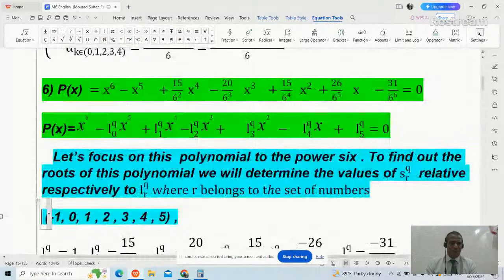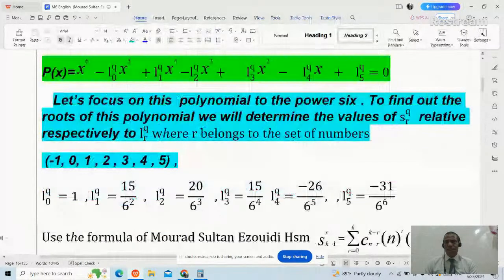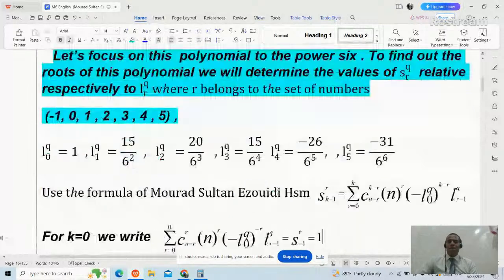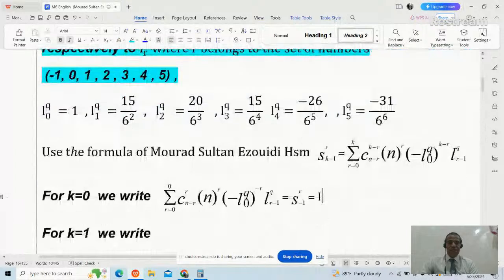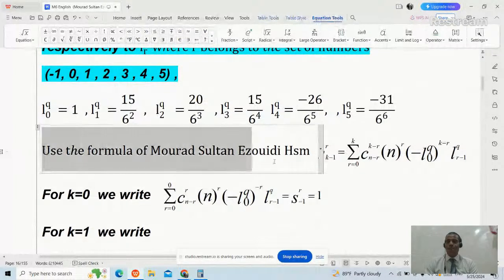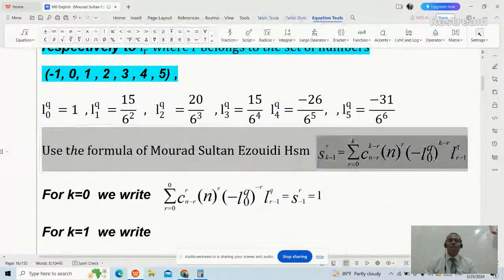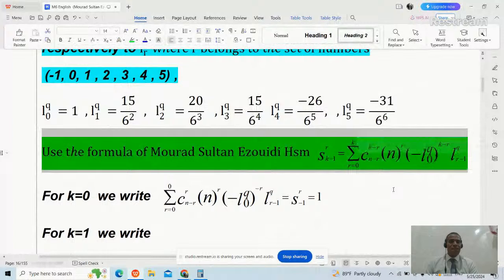Okay, it's enough. Then here, learners, I will now start using the discriminant formula of Mr. Mourad Sultan Ezouidi that he discovered one day. This method is very important for finding out all the roots of any polynomial, not only 6 or 7 or whatsoever, but in fact for all polynomials to the power n.